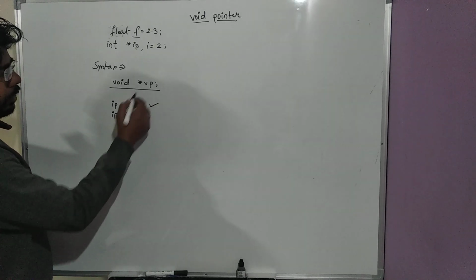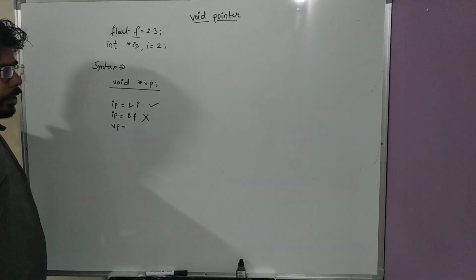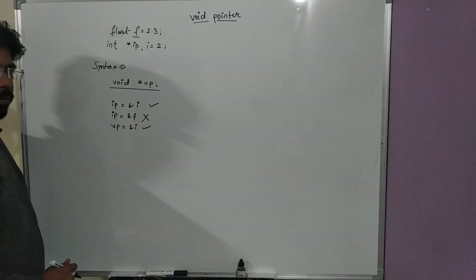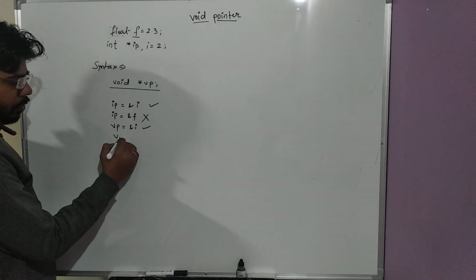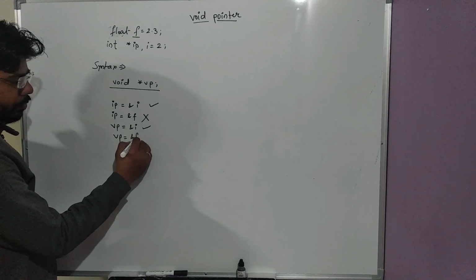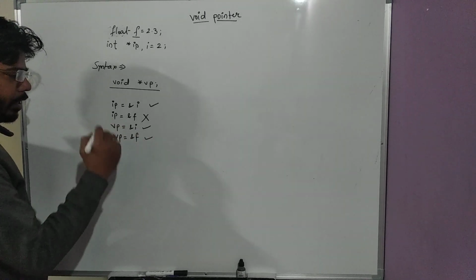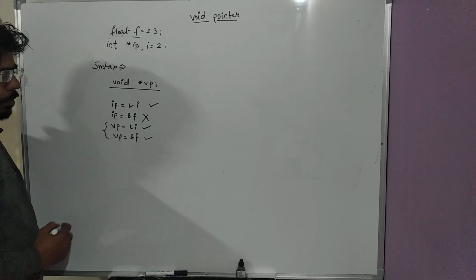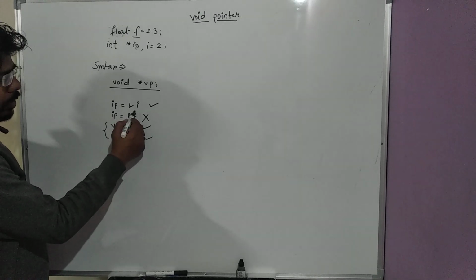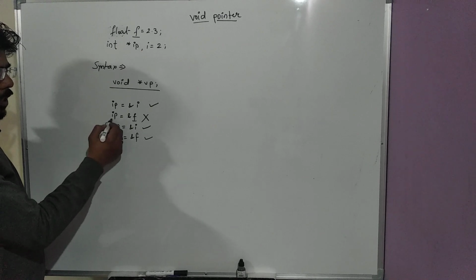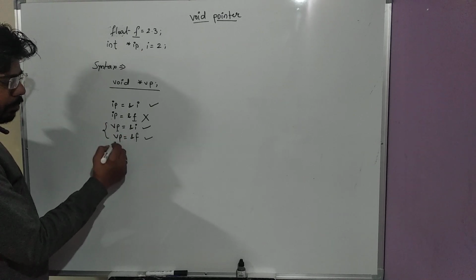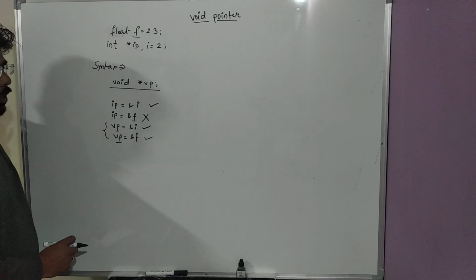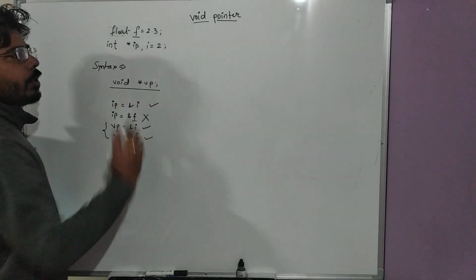Okay, but if you write VP equals address of I, this is correct, there is no problem. After this statement you can also write VP is equal to address of F, and this is also a correct statement. So from these two statements it is very clear: we cannot assign the address of a float variable to the integer pointer, but this void pointer can hold the address of the I variable as well as the address of the float variable. Okay, so this is the benefit of using void pointer.